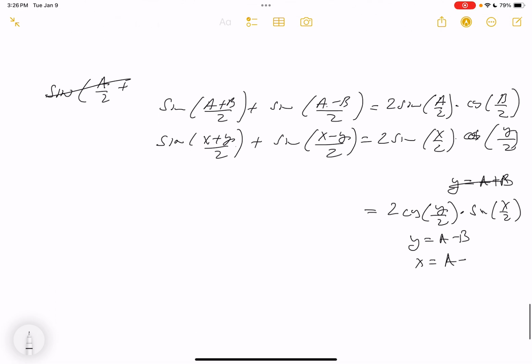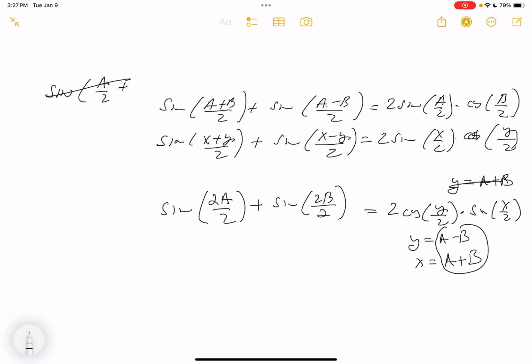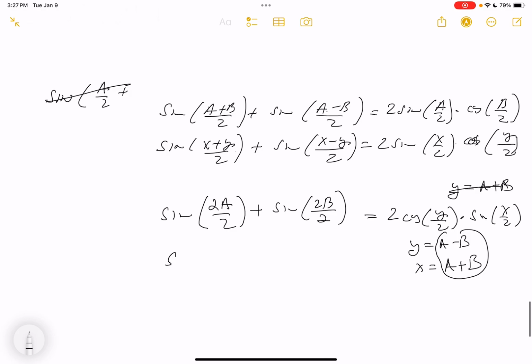A plus B. Let me see if I can rewrite it. You get sine. What's x plus y? Well, if you did x plus y, you get 2A. And what's x minus y? That would be 2B. So I get something pretty simple here, don't I? I get sine of A and the sine of B.